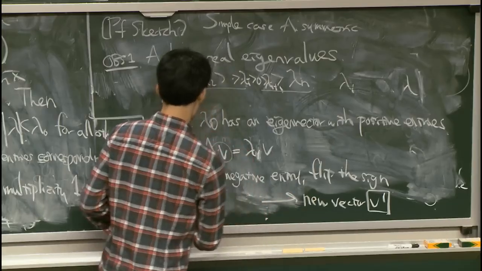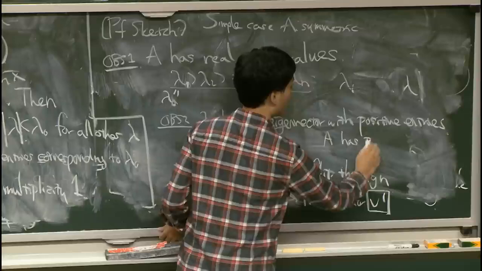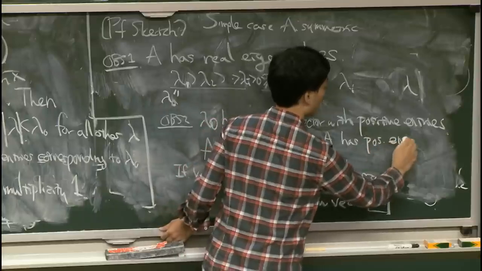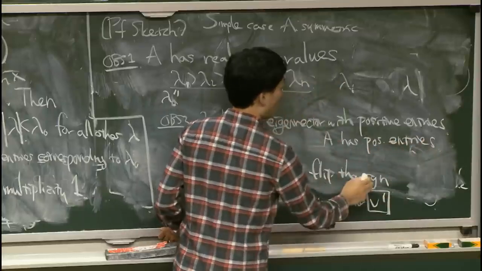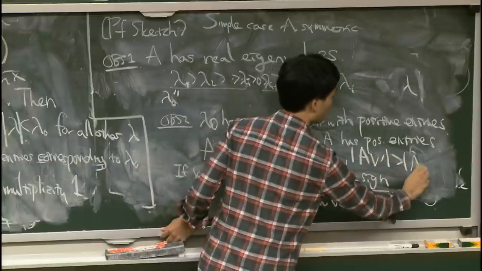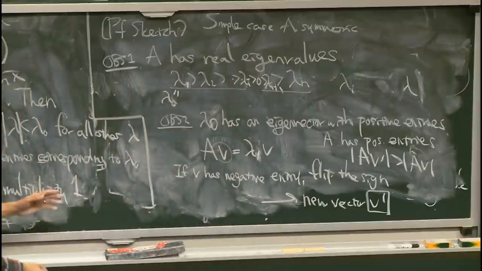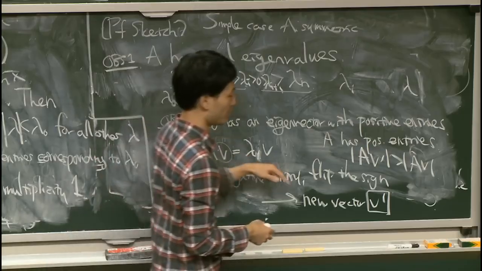Since A has positive entries, what we conclude is that A times V prime will be larger than A times V. Think about it, because A has positive entries, if V has some negative part somewhere, the magnitude will decrease.